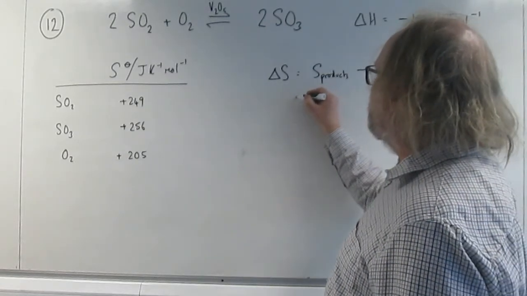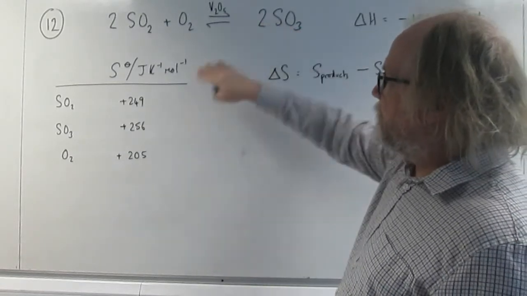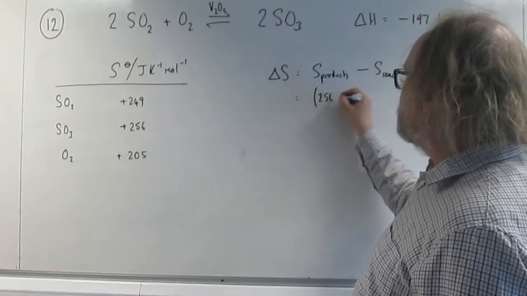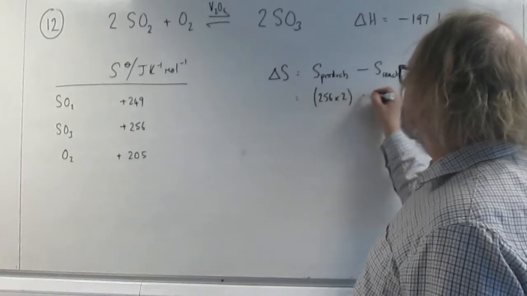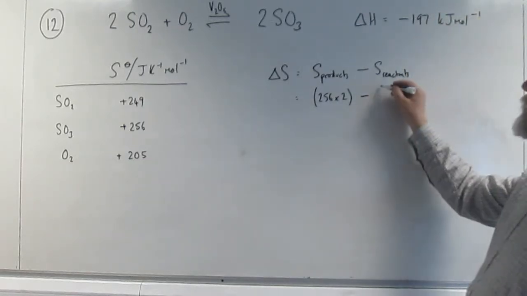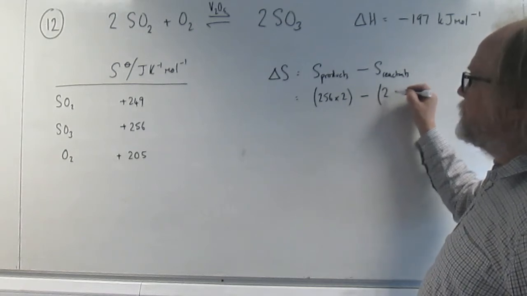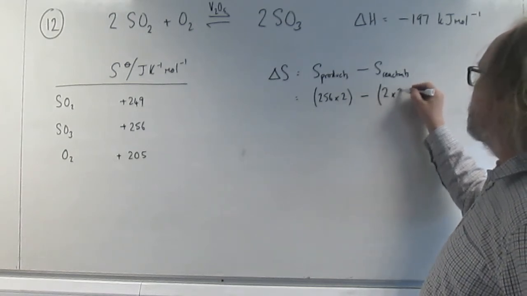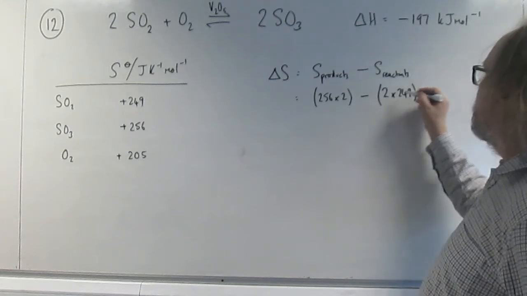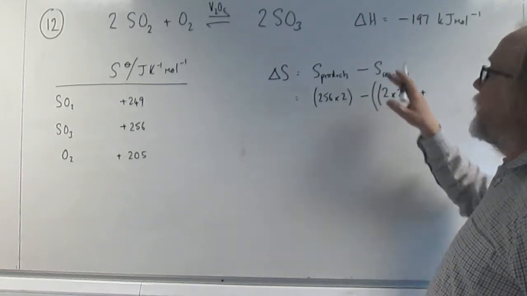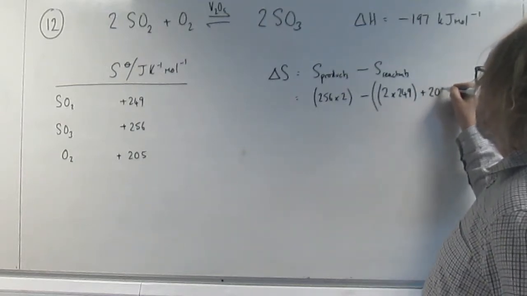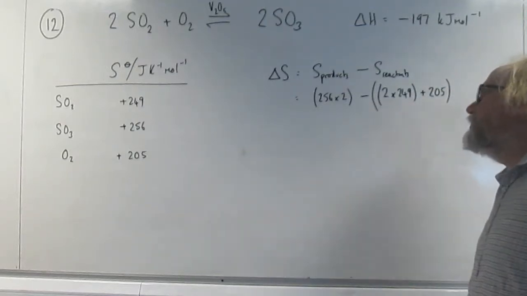So the entropy of the product is 2 lots of SO3, so 2 lots of 256. And then the reactants are being lost, so that's 2 lots of 249 for the 2 SO2s, and we're losing 205 for the oxygen.